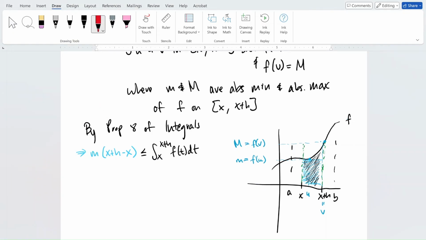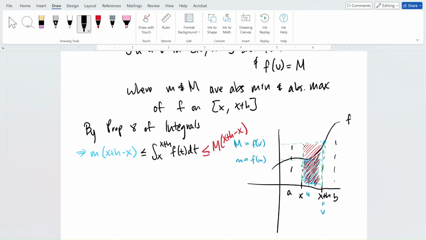The red is this rectangle using the height of the maximum. So you can see that the area under the curve from x to x plus h is less than or equal to capital M, the height of the red rectangle, times the width, which is x plus h minus x. Okay, now it's a matter of simplification.